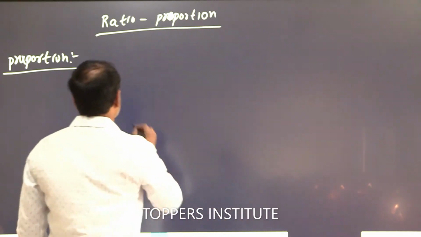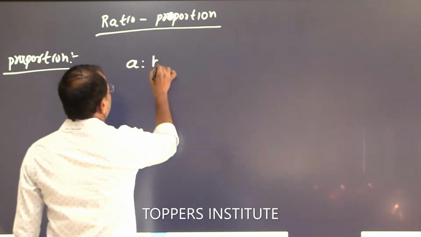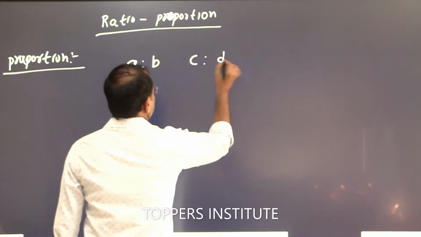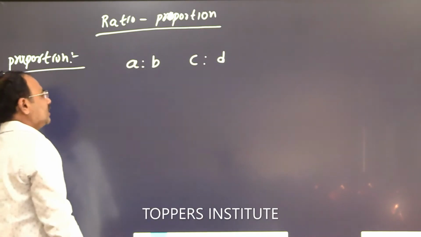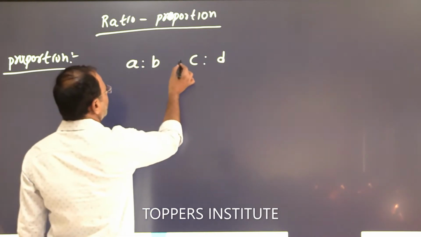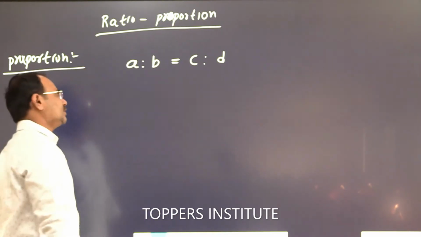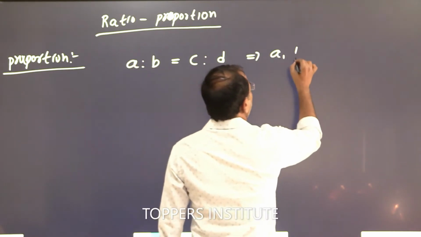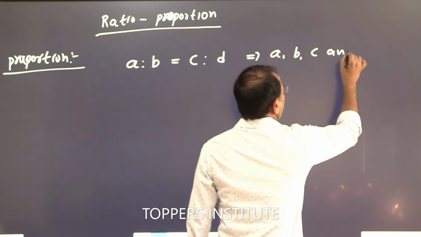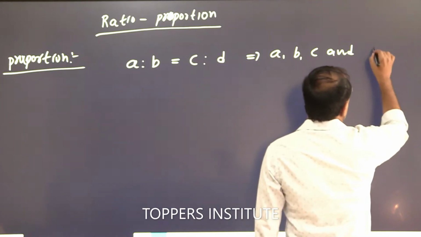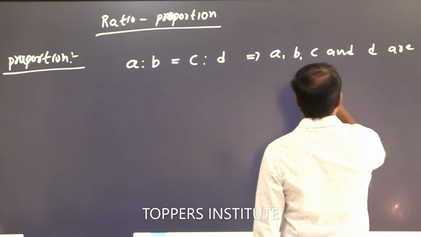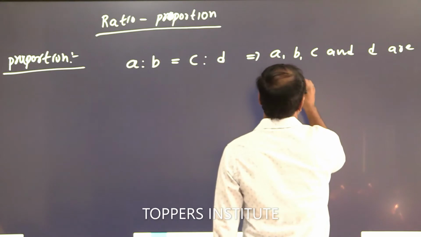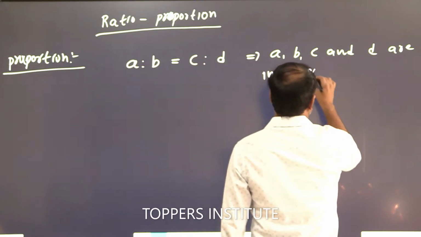The first is A is to B, and the second is C is to D. If these two ratios are equal to each other, then you can say A, B, C and D are in proportion. So this is the definition of proportion.